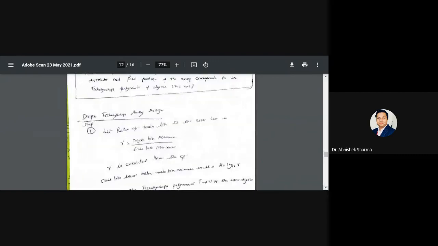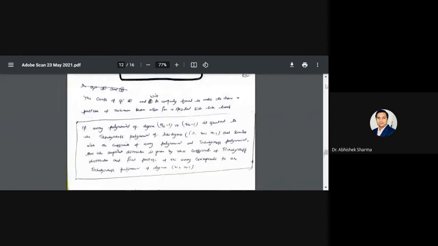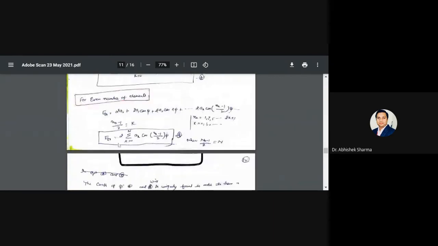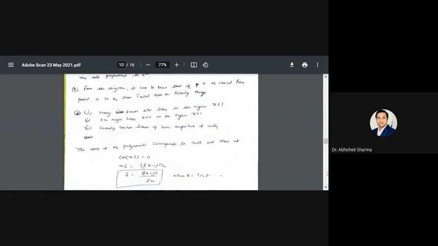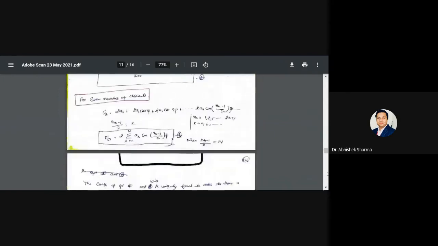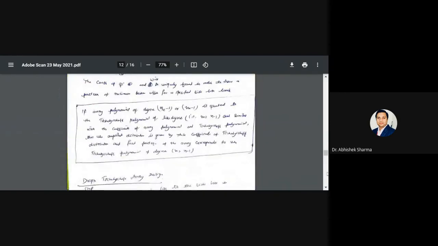Now just see the design procedure for this. So this is the key. Once we equate these array polynomials with the Chebyshev polynomials, then we can get the optimum design or optimum pattern.